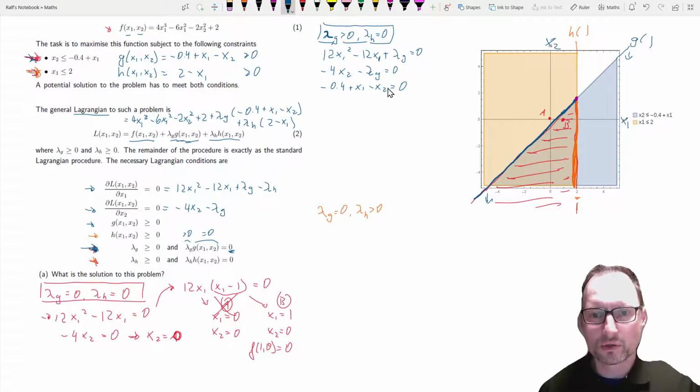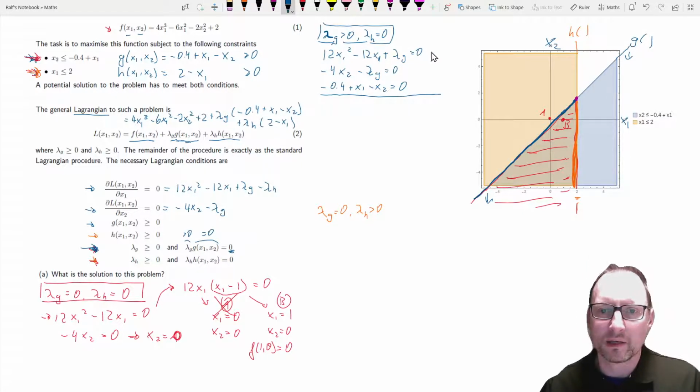So how are we going to do this? I'll skip over lots of the algebra here. We'll start out by solving the first equation for lambda G, and the second equation for lambda G, and then we can set these 2 parts equal to each other.